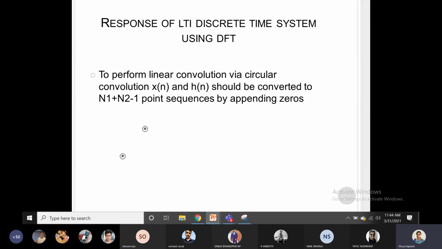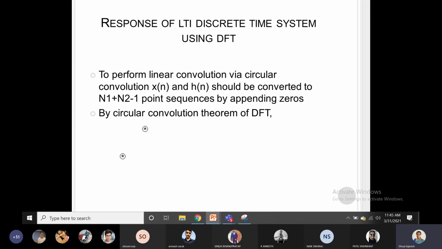The length of y of n will be equal to n1 plus n2 minus 1. So the same length should be there for x of n and h of n if I am performing the linear convolution via circular convolution. So we have to transform x of n and h of n into the length n1 plus n2 minus 1 if I want to perform the circular convolution in the DFT.